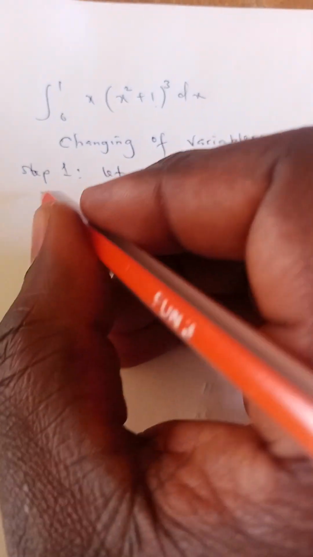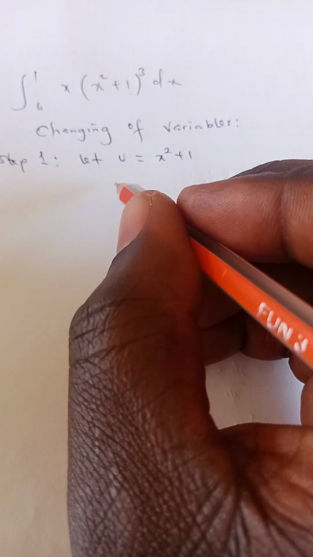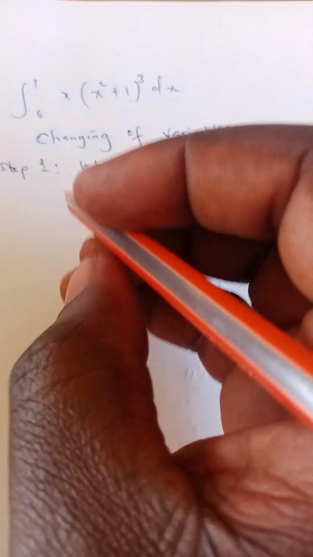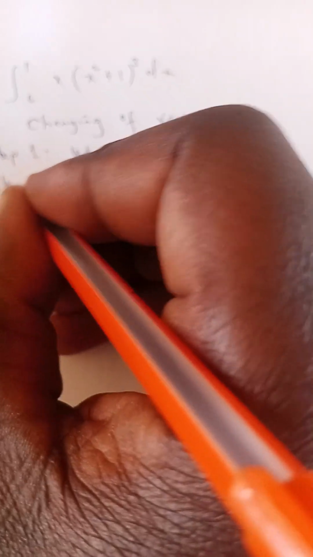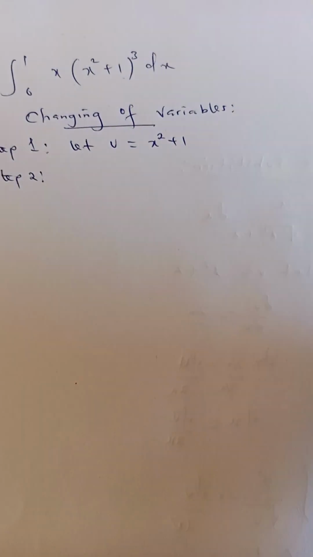So the second step that we're going to do is to make x the subject of the formula. We're going to make x the subject. So here, that's where the difference is when you are doing it by u substitution and changing of variables.